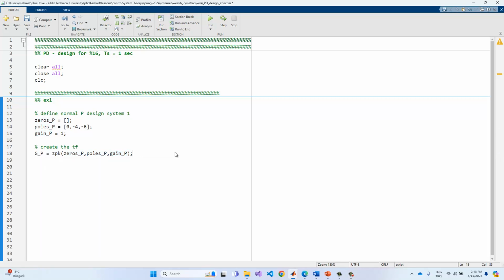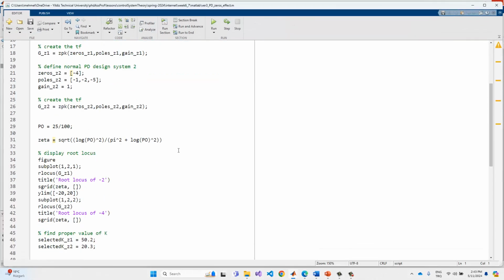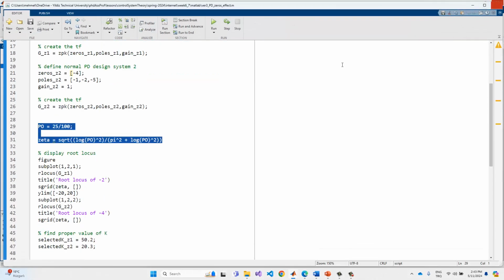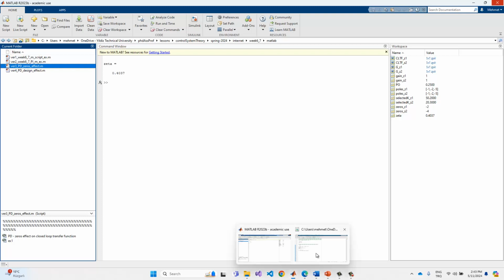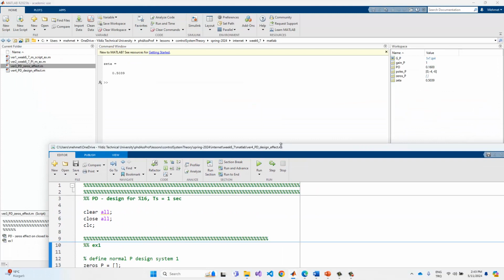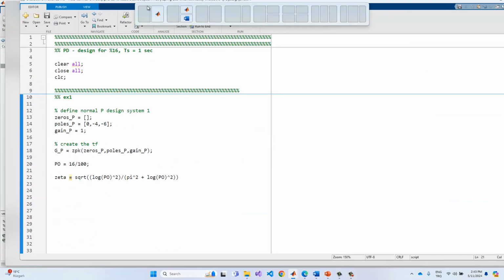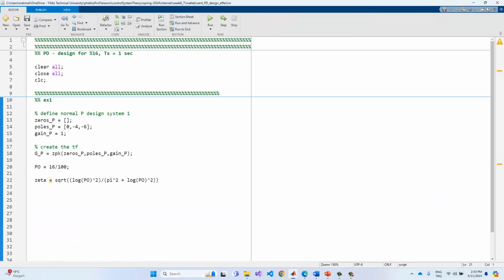After all, we need to copy this overshoot value here for the calculation. This is equal to what? The 16. It's the zeta. If I run this code, we will have 0.5039.